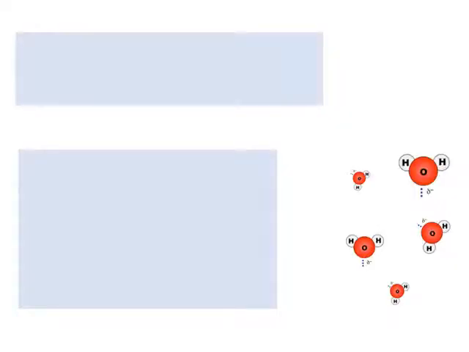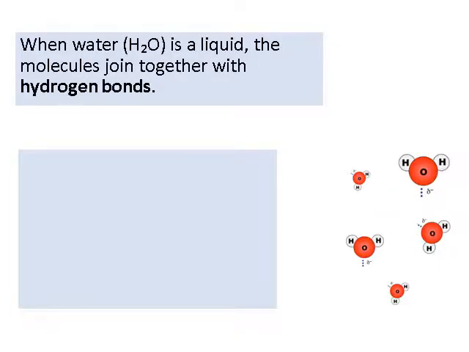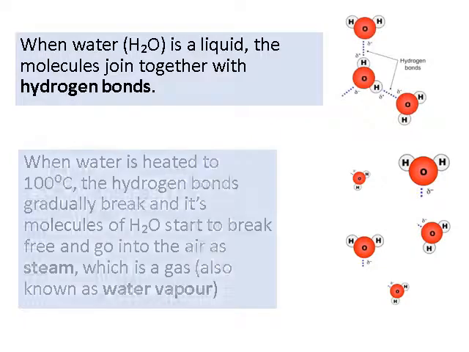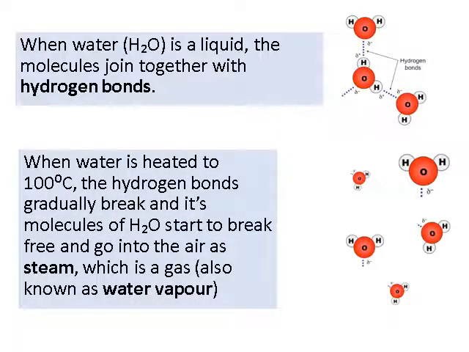When we look at water in its gaseous state in a more scientific way, the way it's presented within the AQA exam book is that when water is a liquid, the molecules are joined together by hydrogen bonds. When water is boiled, boiling water being at 100 degrees, these hydrogen bonds that hold the molecules together break.